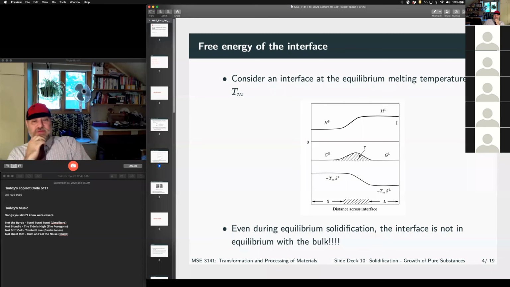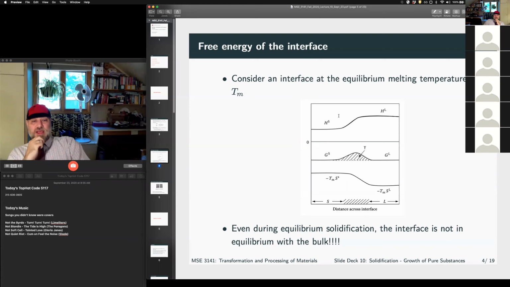We can sort of see where this interfacial energy actually comes from. We know that the interface has an increase in Gibbs free energy, right? But at equilibrium, we know that the Gibbs free energy of the solid phase and the liquid phase has to be equal.